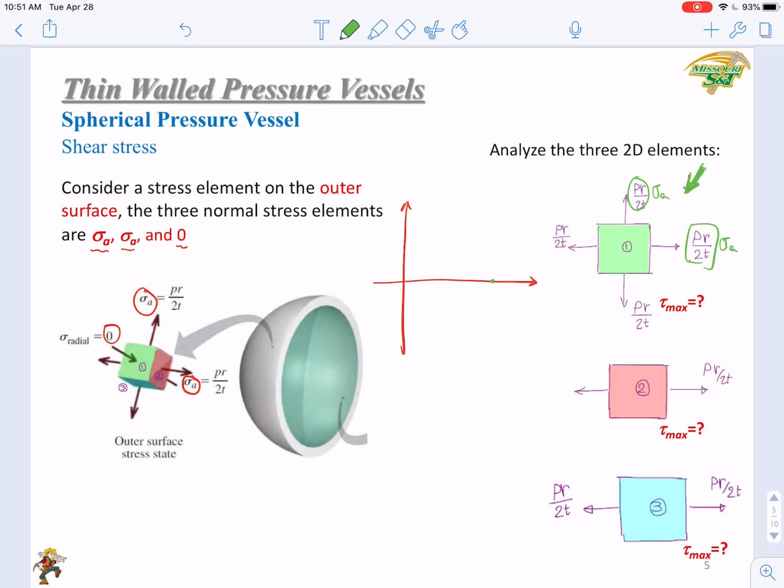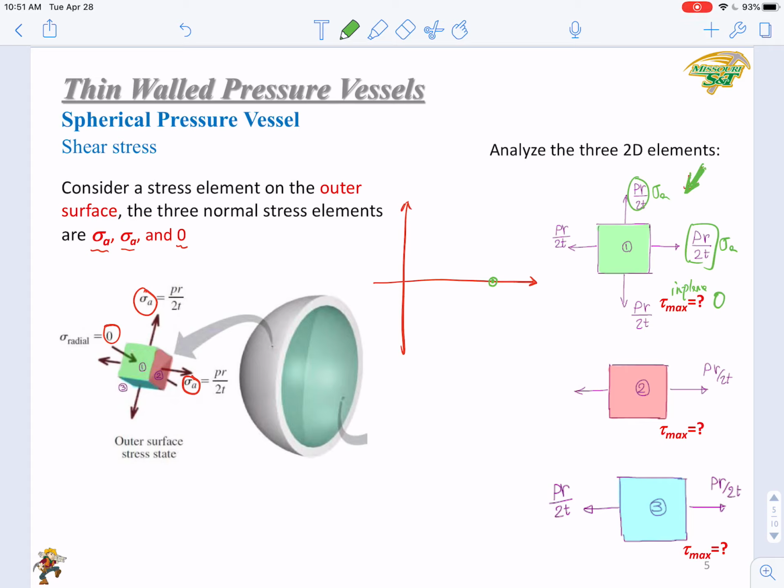How can you draw a Mohr circle based on only one point? In this case, the Mohr circle is just a point. This is the Mohr circle in case 1. Then what is the maximum shear stress? It's a point, so the maximum in-plane shear stress is 0.